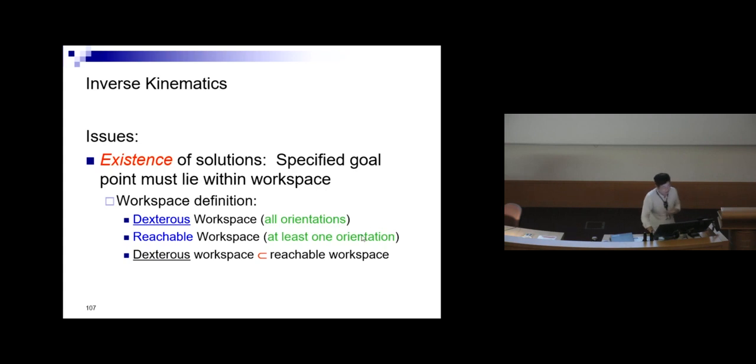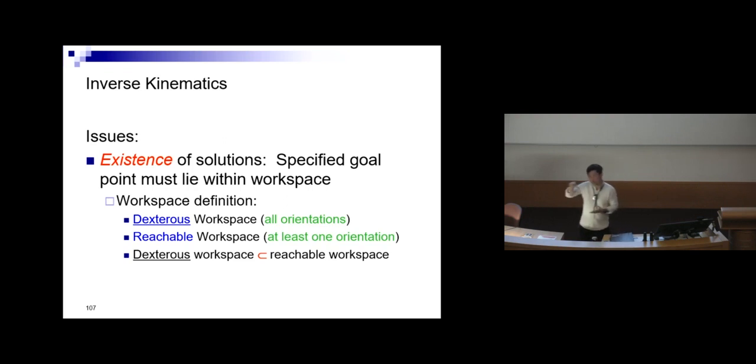When you talk about workspace, you have the dexterous workspace, and then you also have the reachable workspace. The dexterous workspace means that the particular space can be approached in all orientations. I think we mentioned that in the first class. The reachable workspace can be reached in at least one orientation.